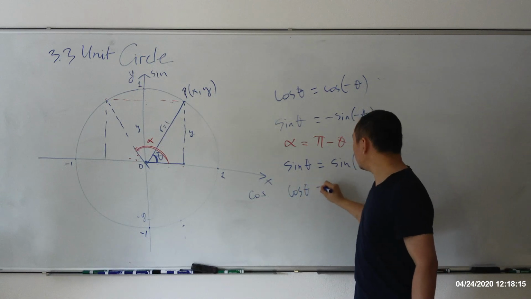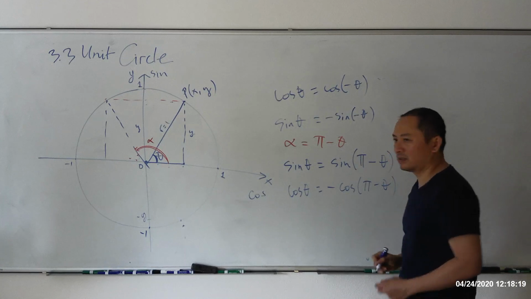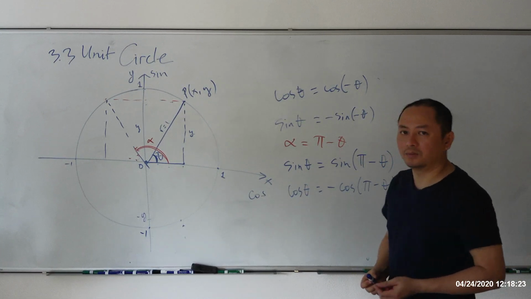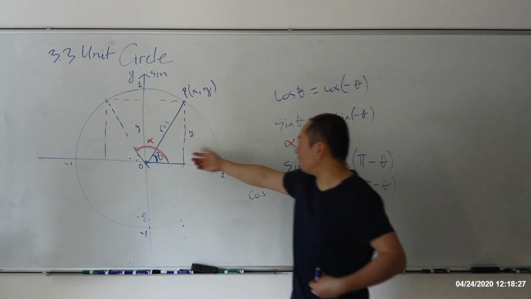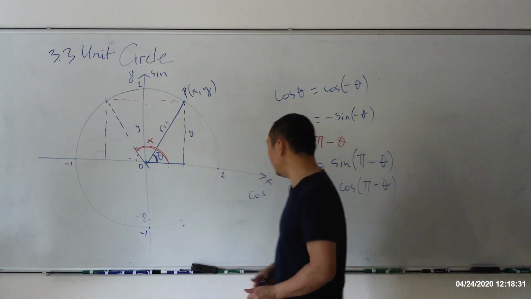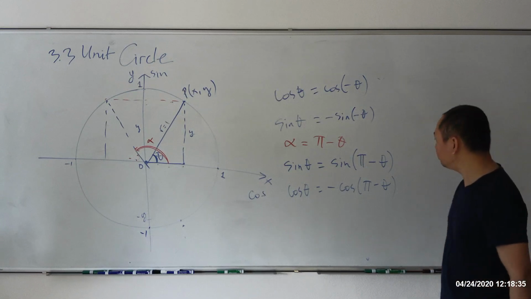Cosine of theta is equal to negative cosine of pi minus theta. See? Some basic trig identities can be figured out using the unit circle. And of course, I just randomly chose angle theta in quadrant number 1. You can draw any angle in any quadrant, and it works the same way.